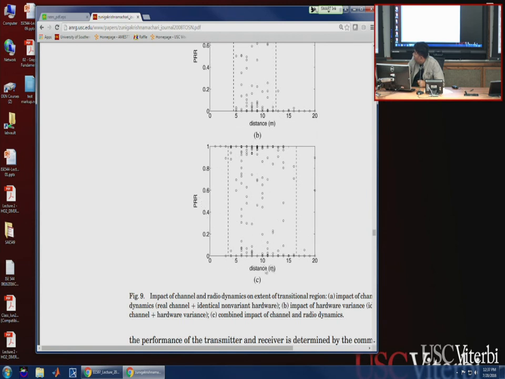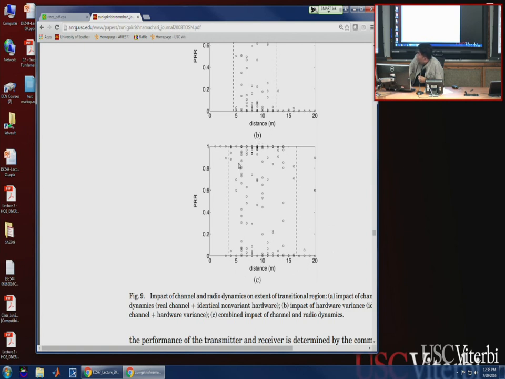The PRR is a function of different distances. So you take two of these wireless devices, place them at different distances, at different locations, and take these measurements. So you do see the connected region very clearly, most of the packets get through. Disconnected region, clearly, most of the packets get through.